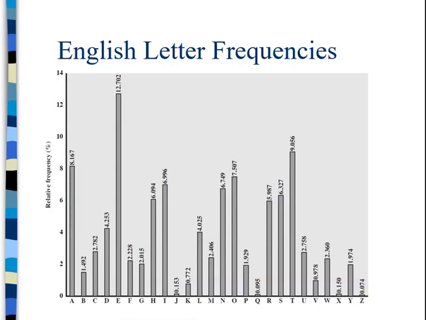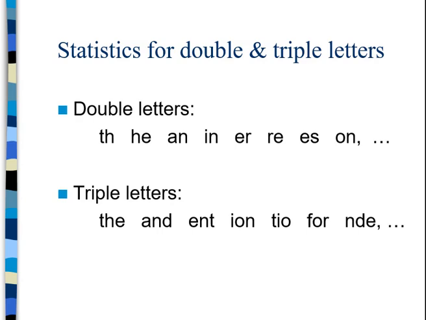There are other methods also to do some cryptanalysis. As we said, there is some statistical information for double and triple letters. For instance, the most frequent double letters in English are TH, HE, AN, IN, and so on.